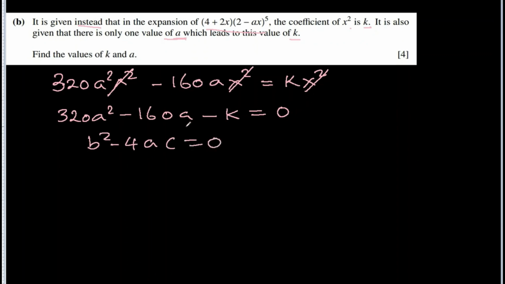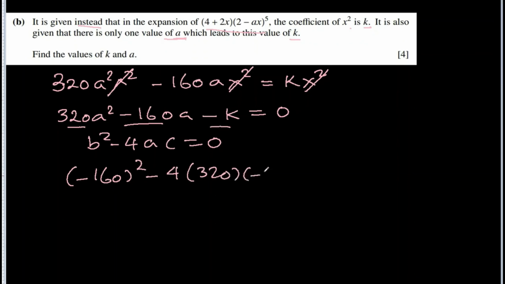Then it will have one value of a. So let's do it here. B here is minus 160. So minus 160 squared minus 4 times a. A is 320 and c is minus k. It should be equal to 0.